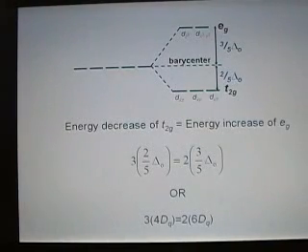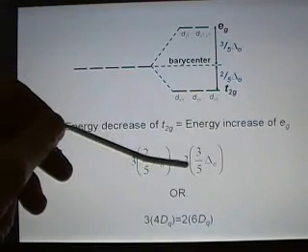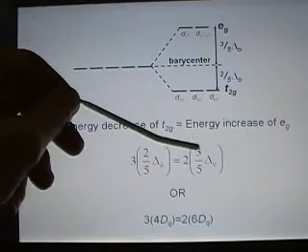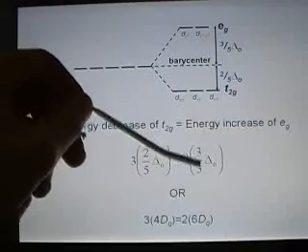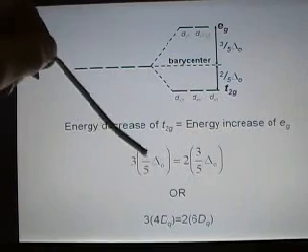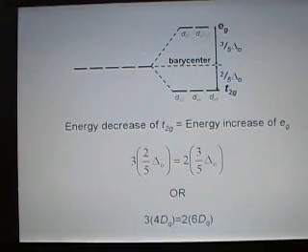So, the increase in energy associated with EG is equal to the energy decrease associated with T2G. For the two orbitals that increase in energy, multiplying by 3/5 delta naught will equal the energy decrease of the 3 T2G orbitals, 3 times 2/5 times delta naught.